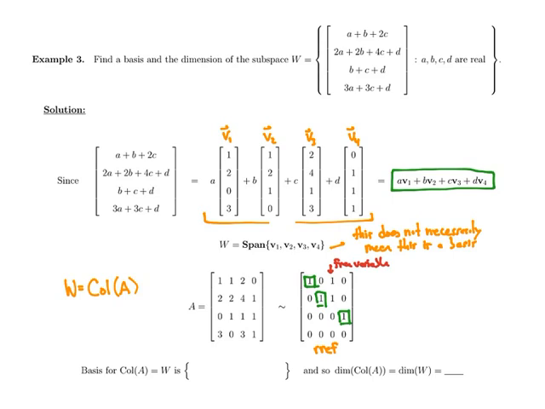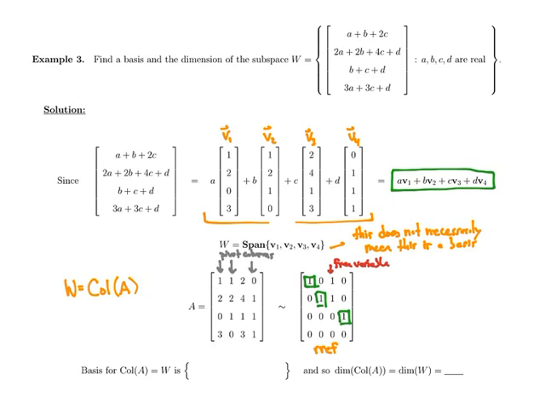And we said in the previous section that a basis for the column space of A can be found by looking at the pivot columns of A. So the pivot columns are going to be the first, the second, and the fourth columns. And therefore, those 3 columns in the original matrix A are going to form a basis.